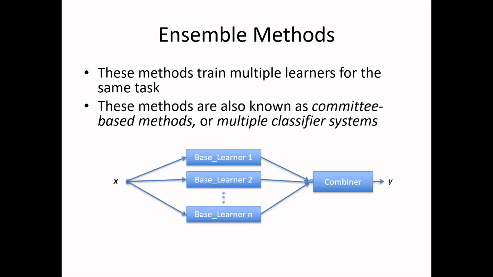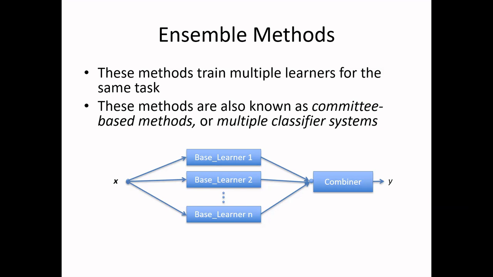That is, you train multiple classifiers or multiple regression units or multiple clustering units, and then somehow or other you try to combine their results into one final result that is the result of your system.